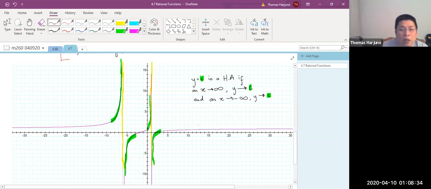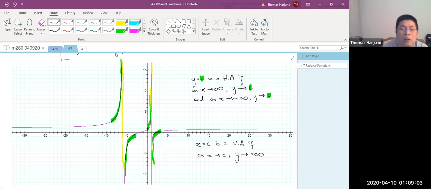So formally, x equals c is a vertical asymptote if, as x approaches c, the y value is going to positive or negative infinity. That's what we meant by vertical asymptote.